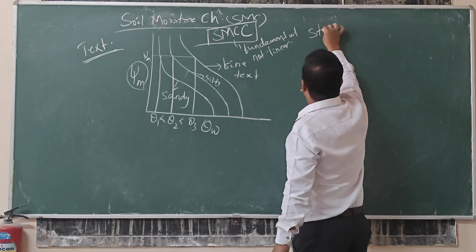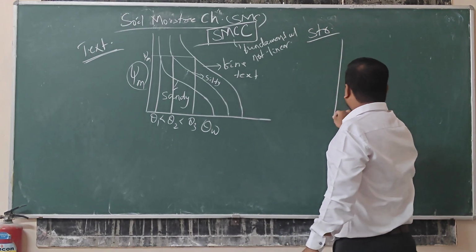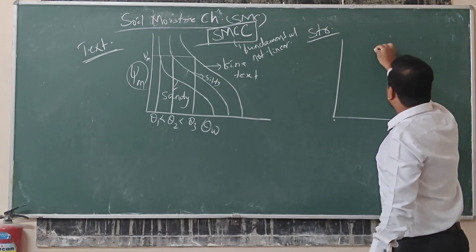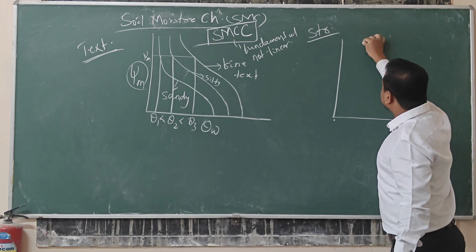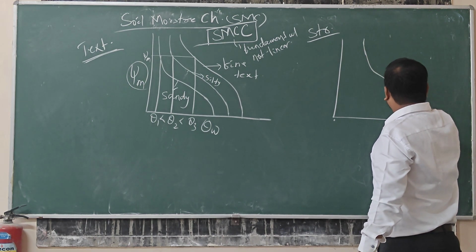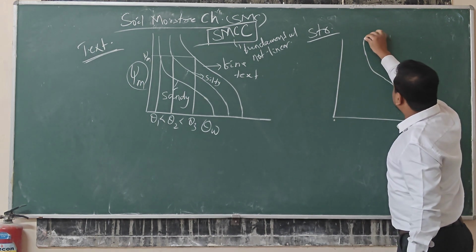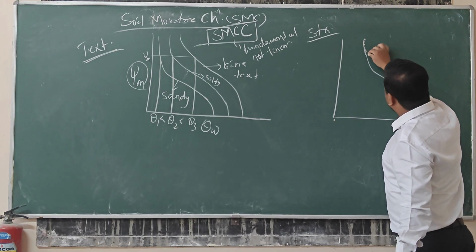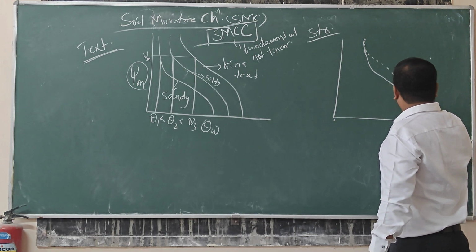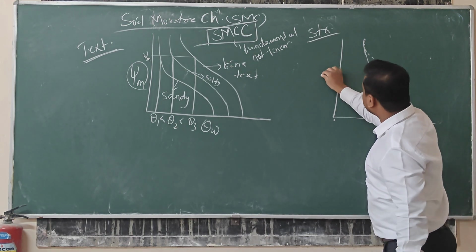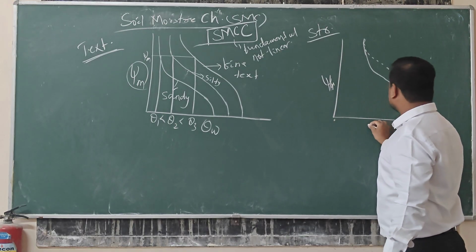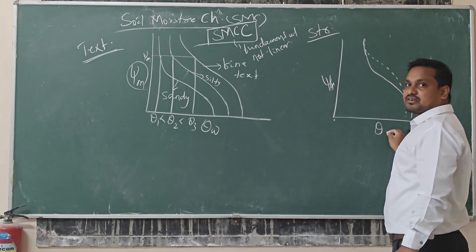Then coming to structure, we can draw a graph also. In physics, everything we try to understand through graphs or problems. This is matric potential or suction, and that is volumetric water content.